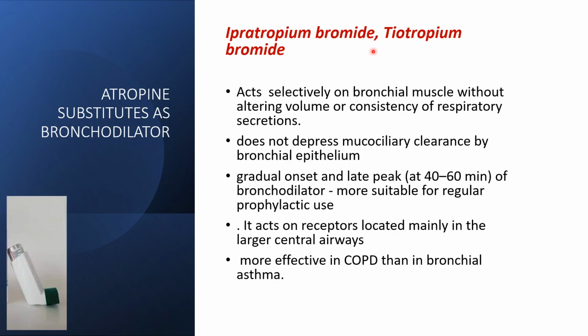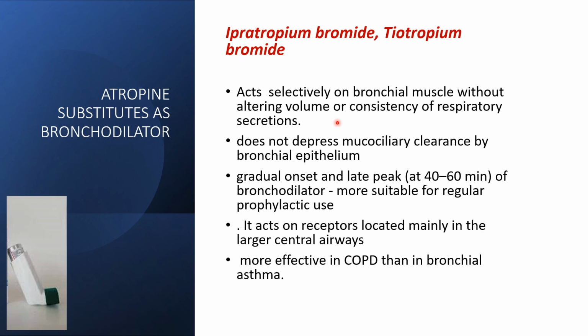The drugs ipratropium bromide and tiotropium bromide are atropine substitutes which are used as bronchodilators in bronchial asthma and COPD. These drugs act selectively on bronchial muscle without altering the volume or consistency of respiratory secretions.